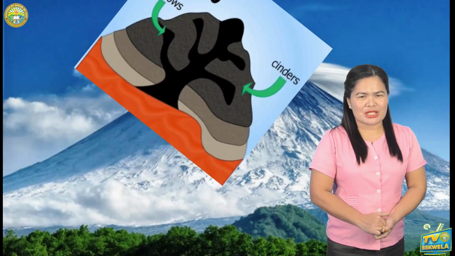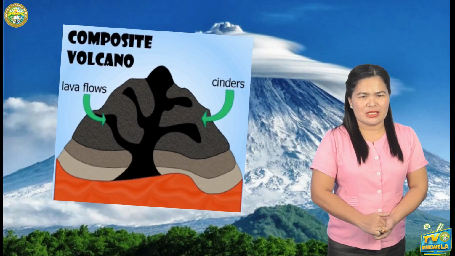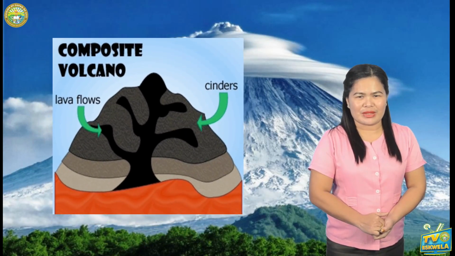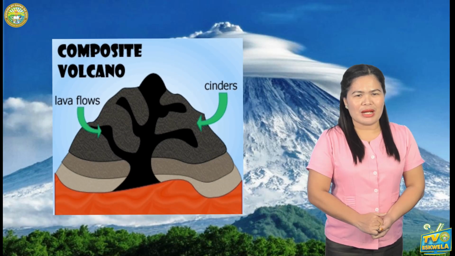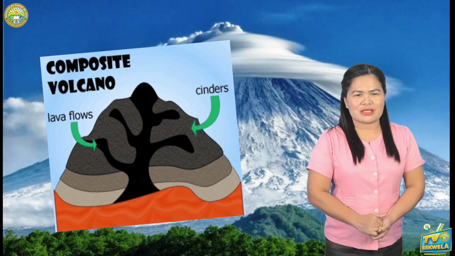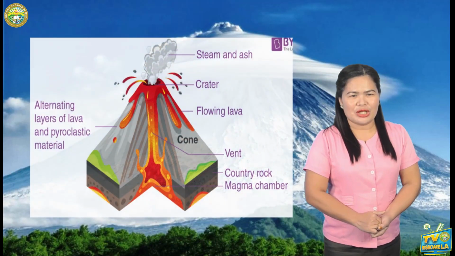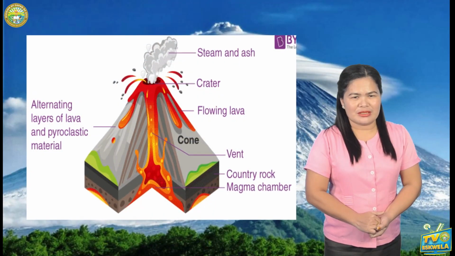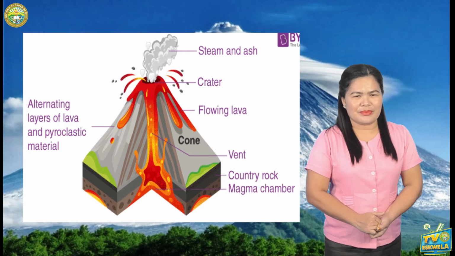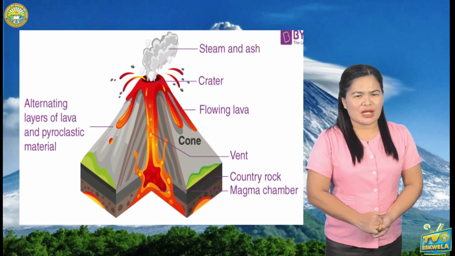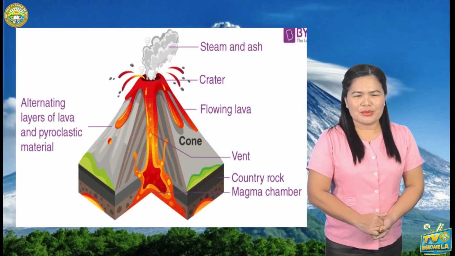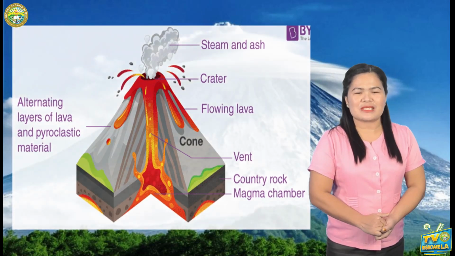One important feature of composite volcanoes is the conduit system, from which magma rises to the surface of the earth. They are formed from viscous or sticky lava that does not flow easily. The lava builds up around the vent, forming a volcano with steep sides.